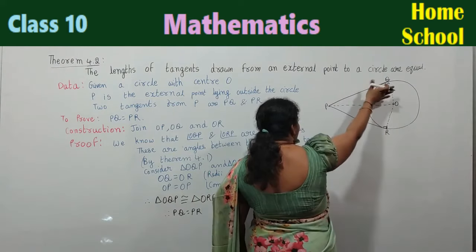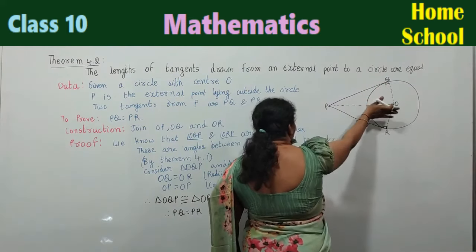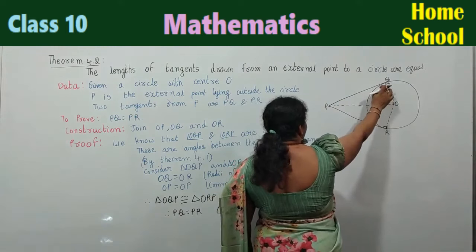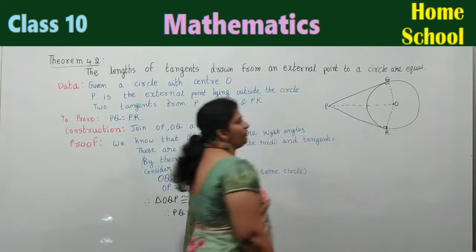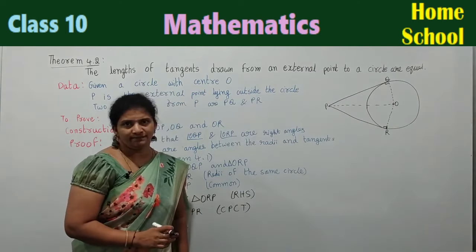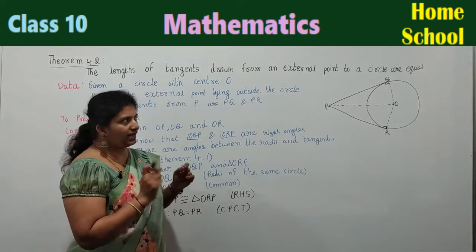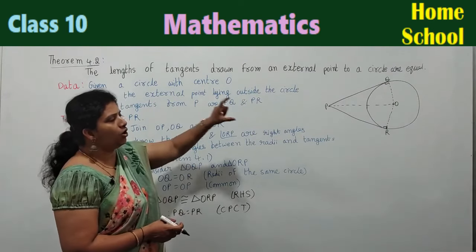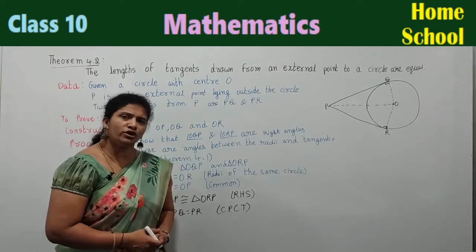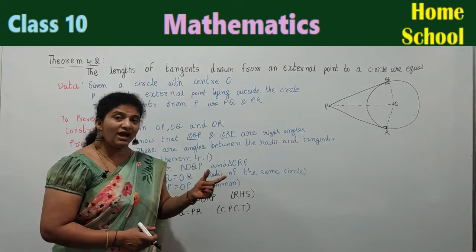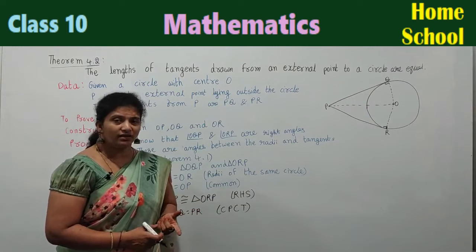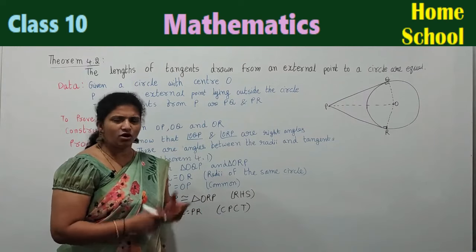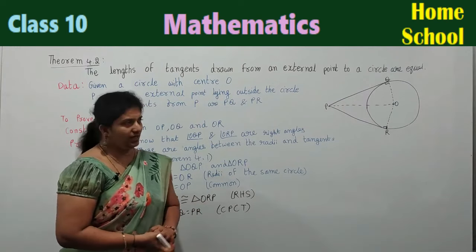So this is one right triangle and this is one right triangle. This is right angle, then OP is hypotenuse. Immediately I can compare the two right triangles here. OQ and OR are radii of the circle. Are they equal? Yes, all the radii of a circle are equal.